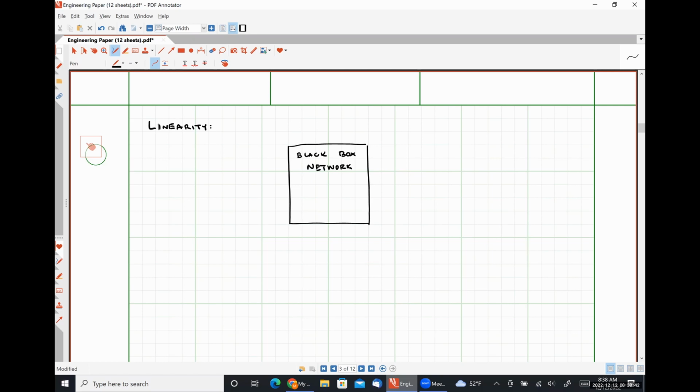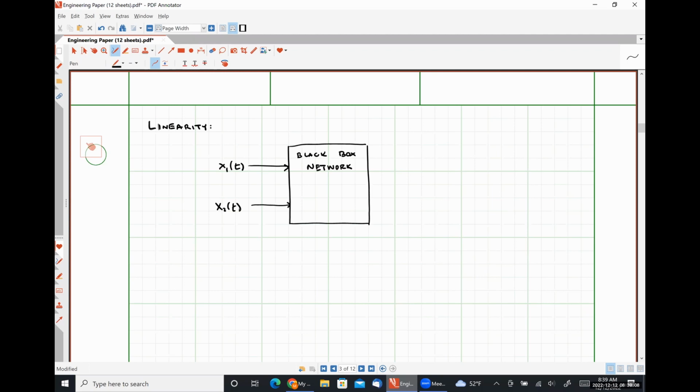So I'm using it for a general purpose thing here, okay? On the left-hand side of my black box network is where I'm going to apply my inputs. So I could apply some input, x1 of t. I might apply some secondary input, x2 of t.